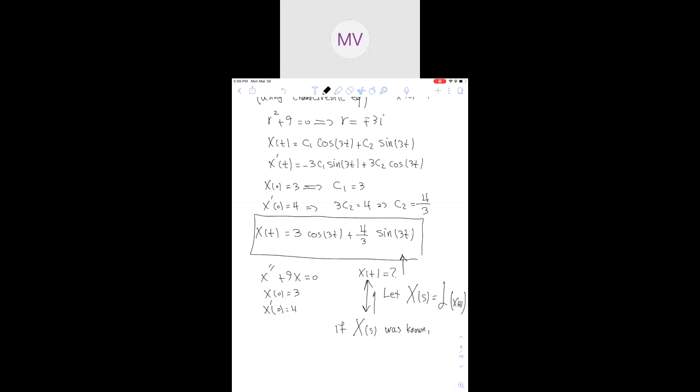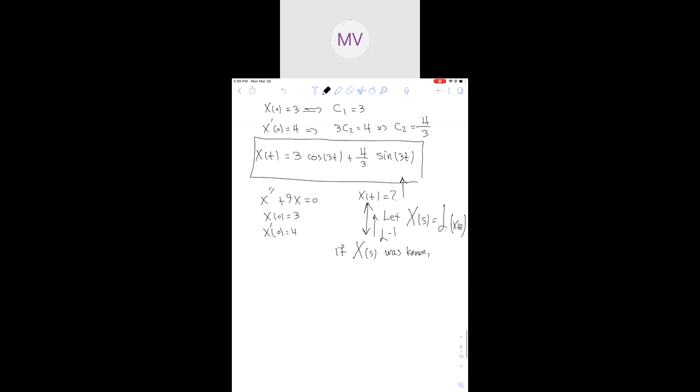Well, we could go this direction: take an inverse of it, and boom, we would find x of t. So if we know the Laplace transform of x of t, called X of s here, then we would take the Laplace inverse and we would find the solution, the unknown function we're looking for in the differential equation.